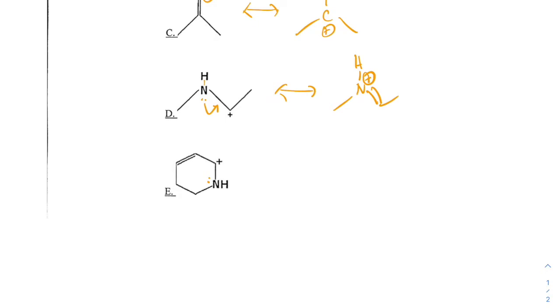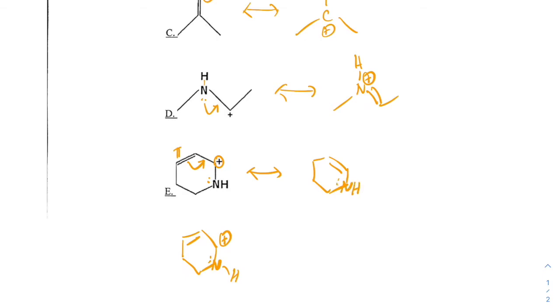Now here we can do 2 different things. We have a pi bond next to a positive, and we have a lone pair next to a positive. So it might be difficult to draw both of these on the same structure. So I'm going to draw out the molecule, copying it below. And in the top case, I'm going to move the pi bond. Pi bonds next to positive charge is a pattern that's very commonly occurring in the organic chemistry class.